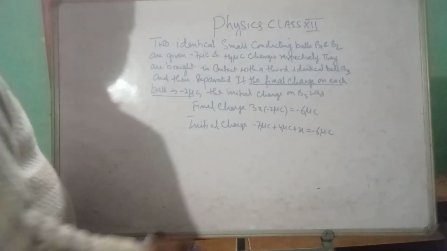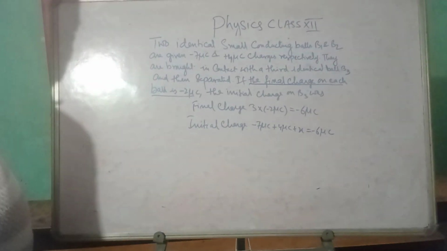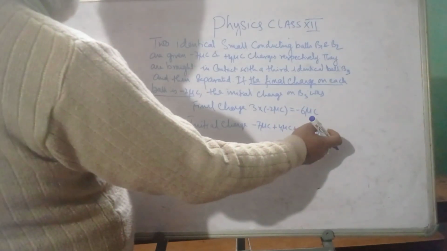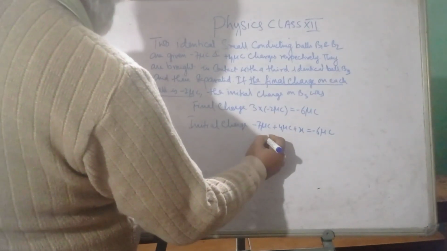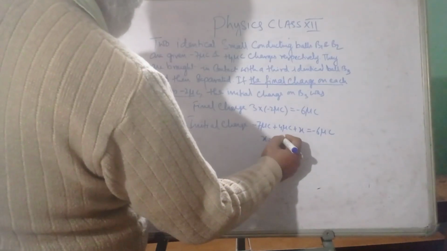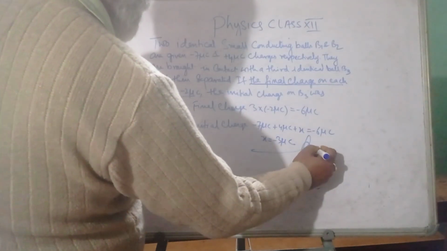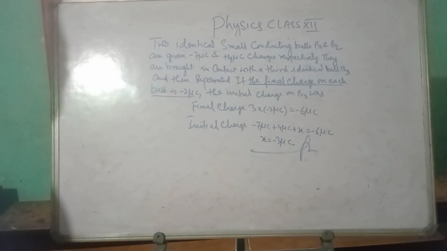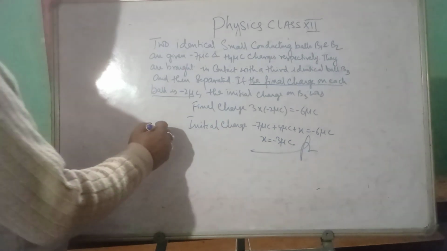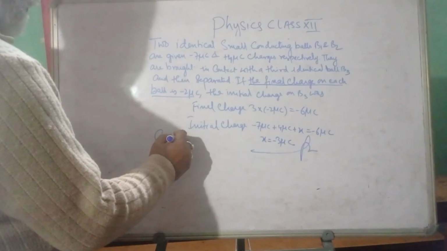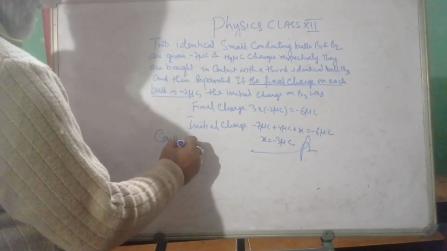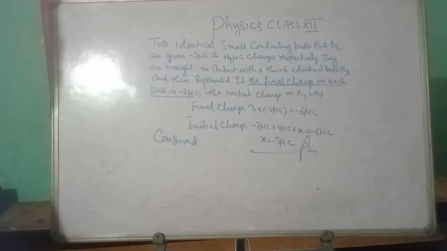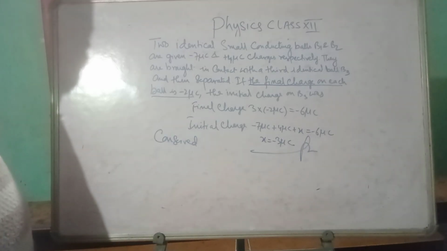So this will be minus 3 and minus 3, so minus 3, there will be again plus 3. So X will be equal to minus 3 microcoulomb. This is your answer, because your charge is conserved. Remember, charge is conserved, and it gets redistributed among themselves.